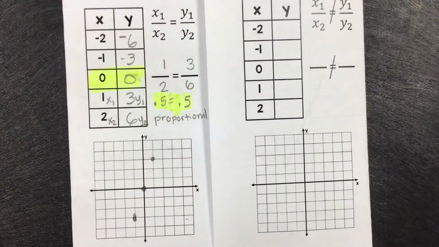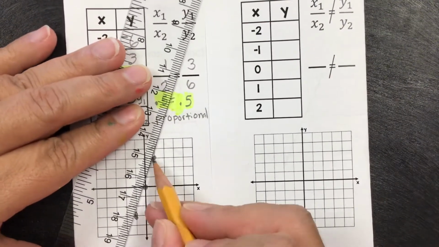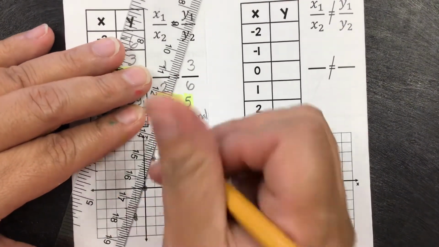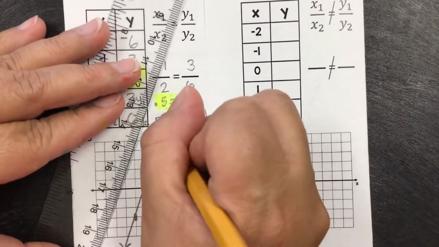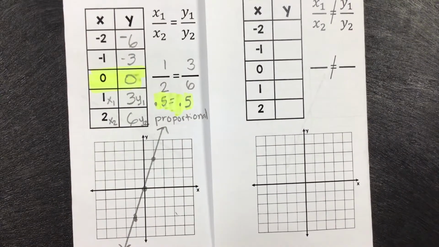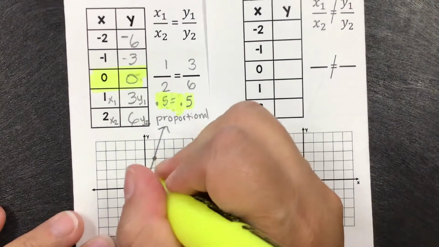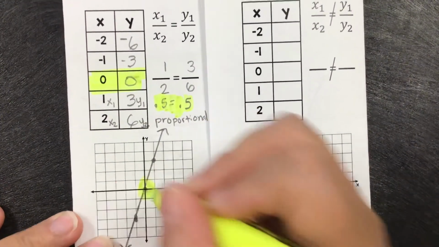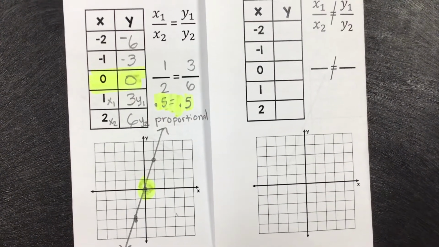Remember what I've asked you to do is make sure that the points touch the ruler first before you draw the line. I want the line to go through the points and the arrowheads at the end. So the last way to identify that this is proportional is that if it goes through the origin or the 0, 0 on the graph. So it's just like direct variation.